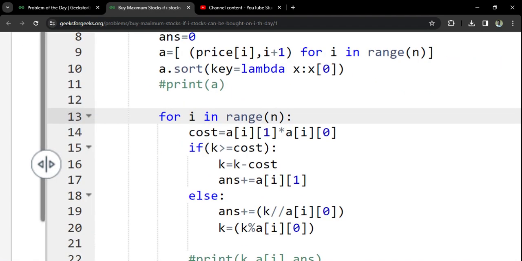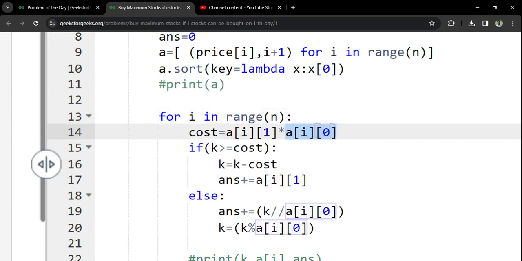See here, one thing I've clearly mentioned is that at most i stocks can be purchased on the ith index. We cannot proceed more than that. The 0th index is the price, and the first index is the day index.